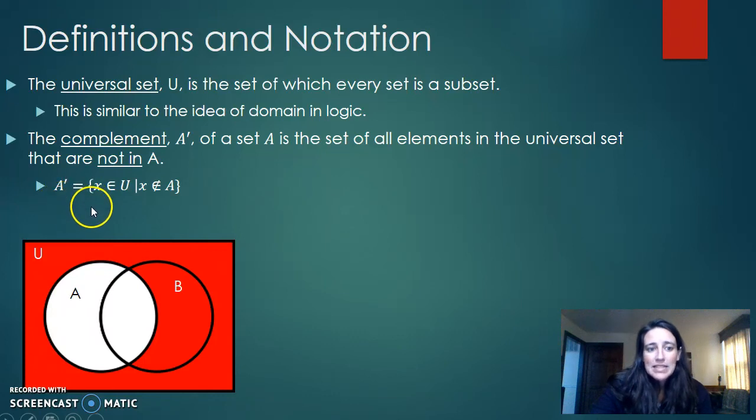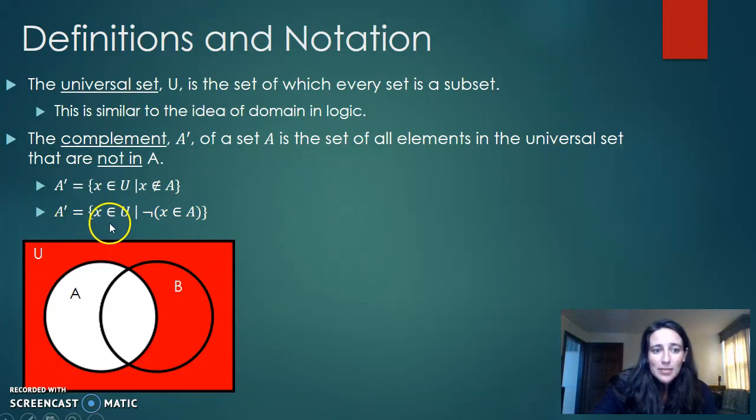So A complement is the set of all elements X in U, the universal set, such that X is not in A. This is similar to our idea of the negation symbol: all of the elements X in the universe such that X in A is negated.